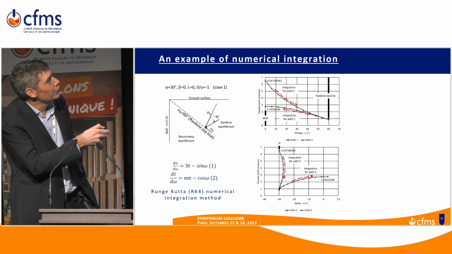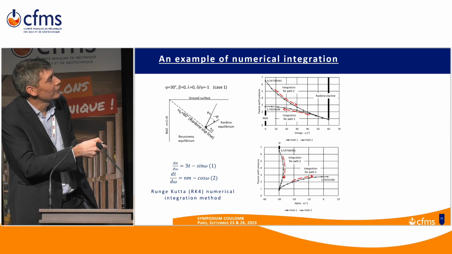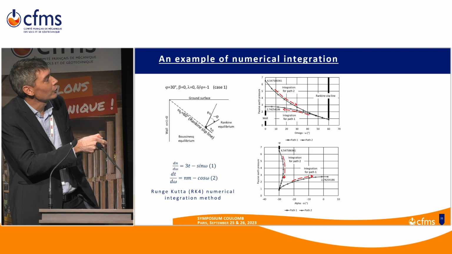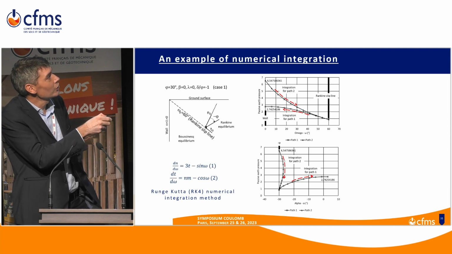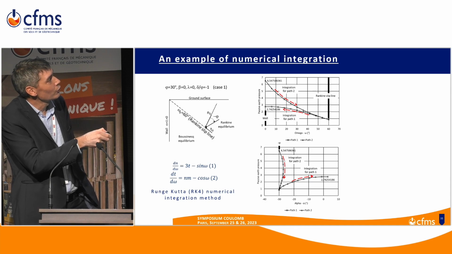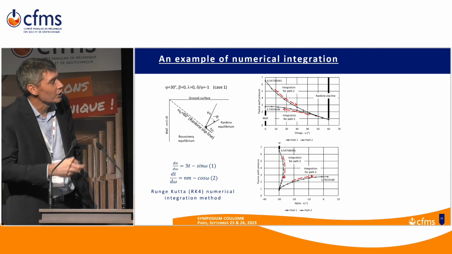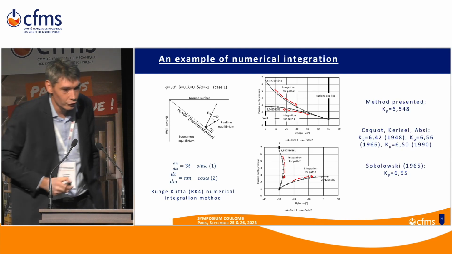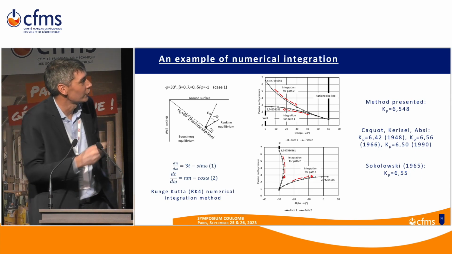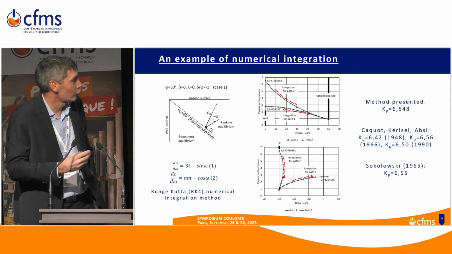And now what we can do with numerical analysis is to fix the stress inclination on the wall equal to -φ, and after, by iteration, to determine the value of the passive earth pressure in order to ensure the continuity with the initial solution of the Rankine slip line. And so the coefficient we obtain is very close to the coefficients obtained by Caquot, Kérisel, Absi, or Sokolovski.